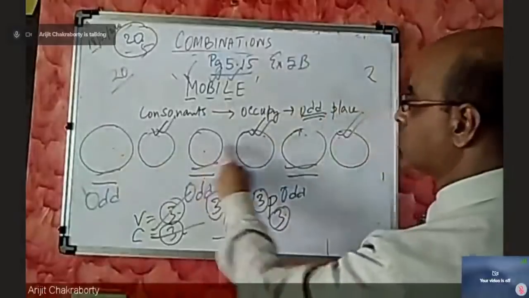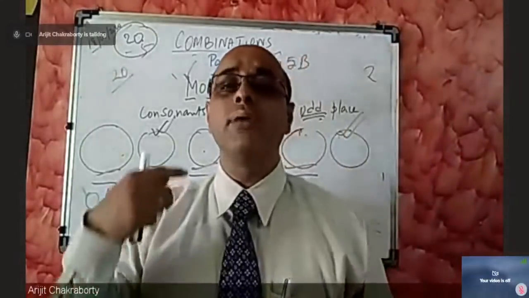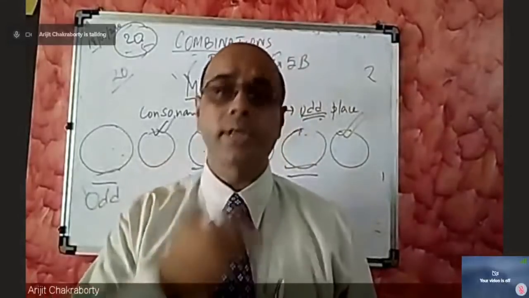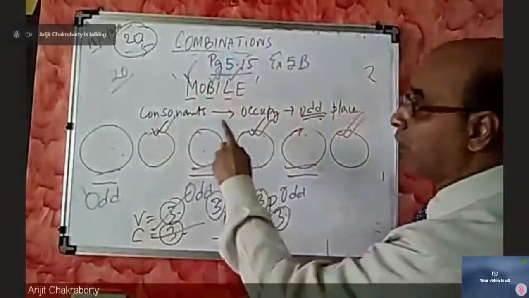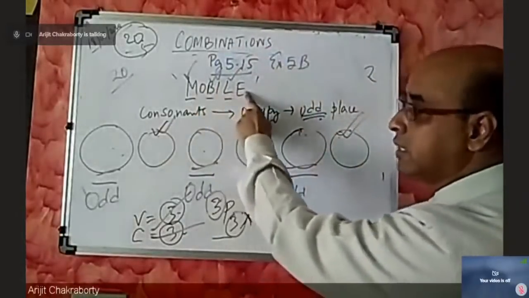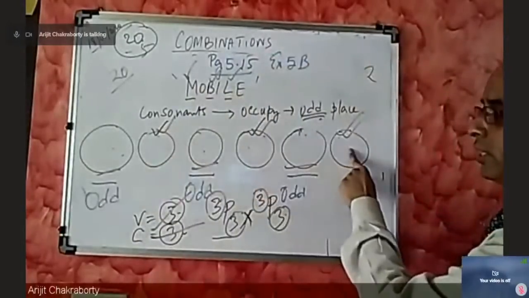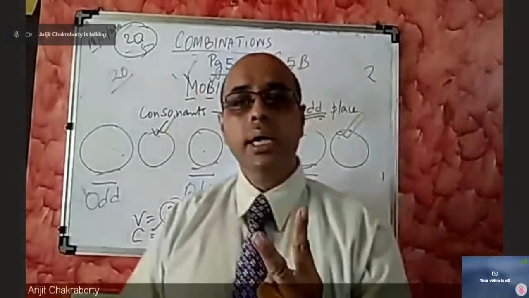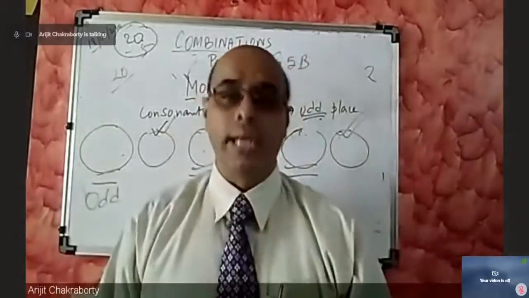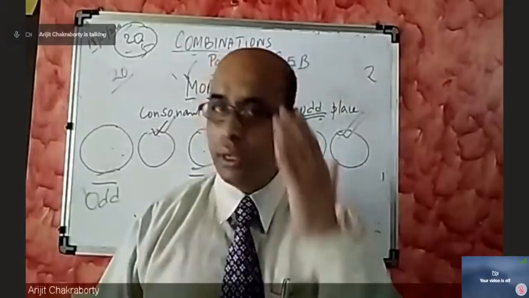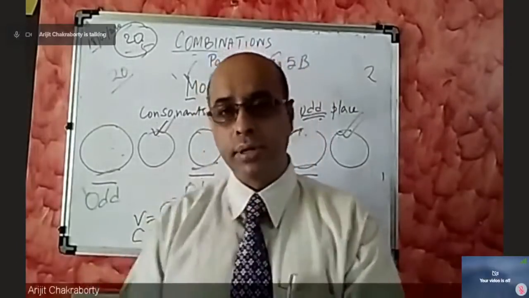You can also call it work number 1. The second work is placing the vowels O, I and E in the even positions, that is 1, 2 and 3. So 2 separate pieces of work which are interlinked, related to each other. Therefore, we use the multiplication formula, and so 3P3 into 3P3.